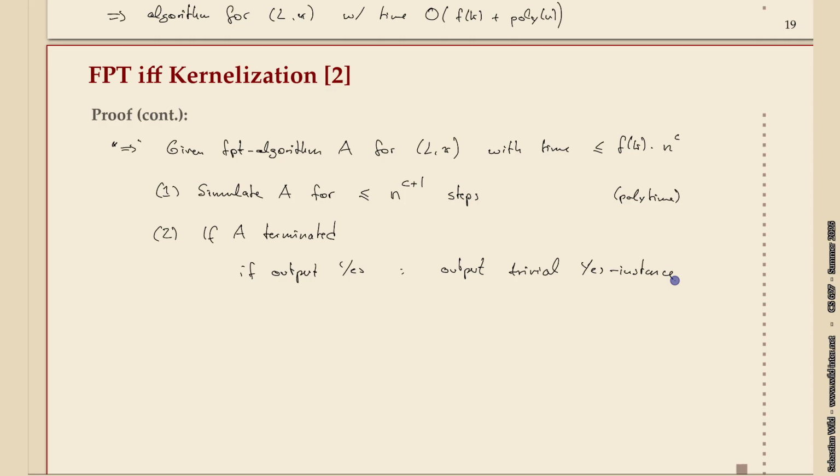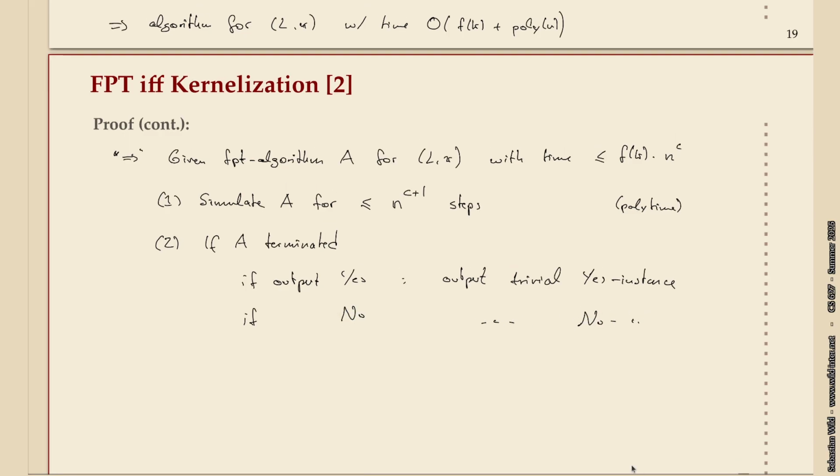So I'm just taking any fixed yes instance of constant size and output that. It's a bit of a stupid kernelization, but it works. It's according to the definition. It just ignores the original input because it solved it already. And if the output was no, then likewise we output a no instance.